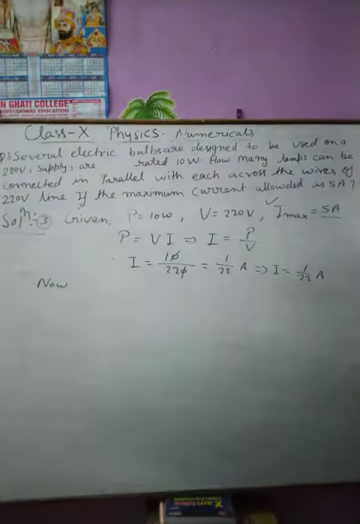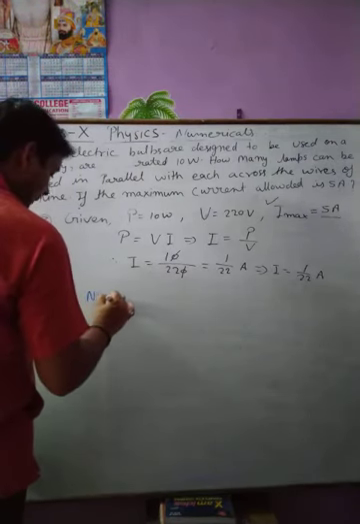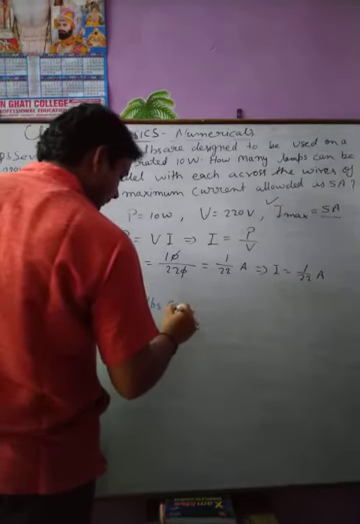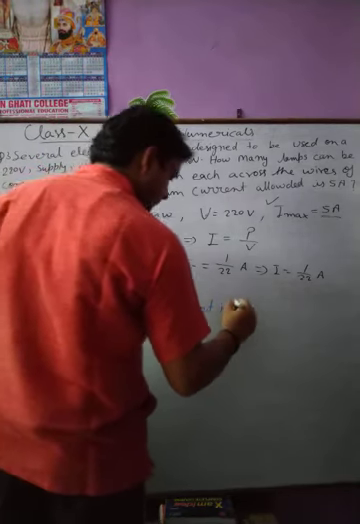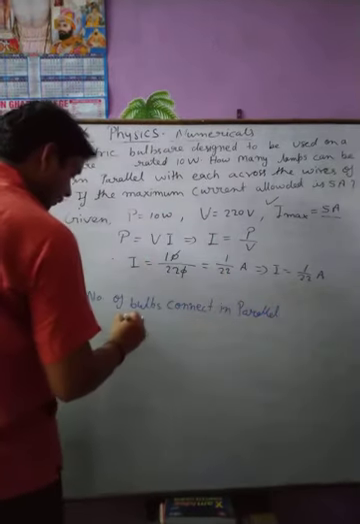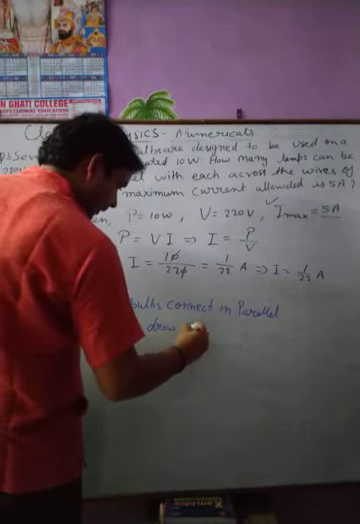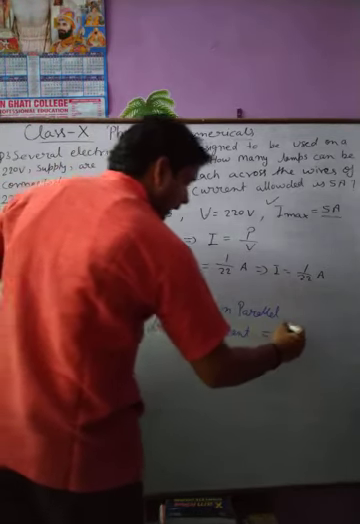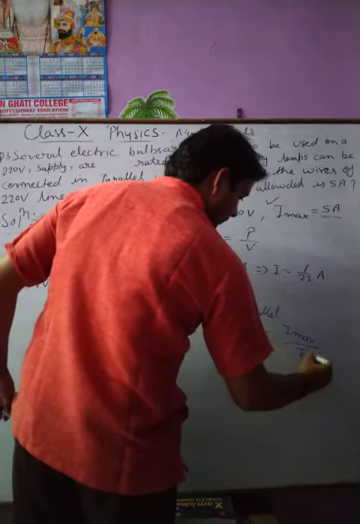Now we need the number of bulbs. Therefore, the number of bulbs connected in parallel to draw 5 ampere current is I max upon I of bulb.